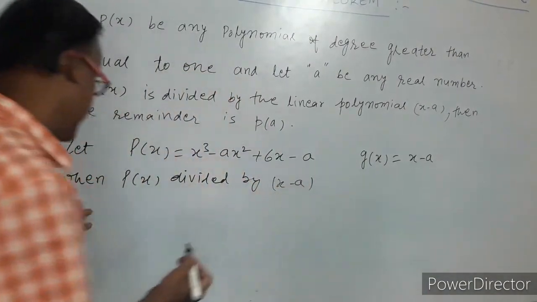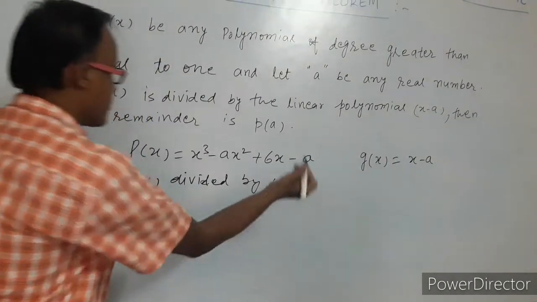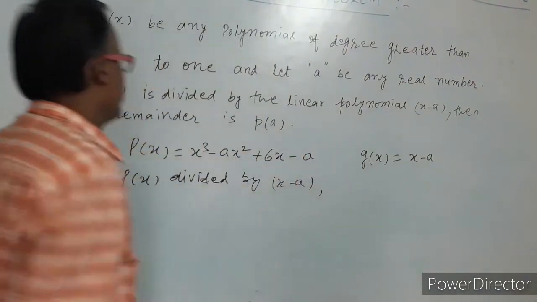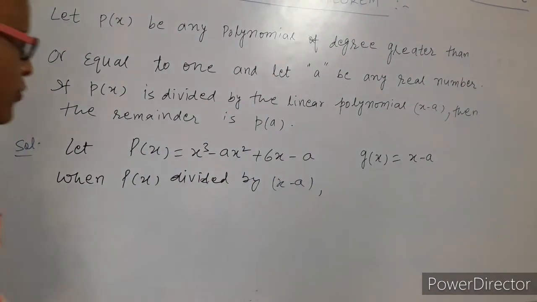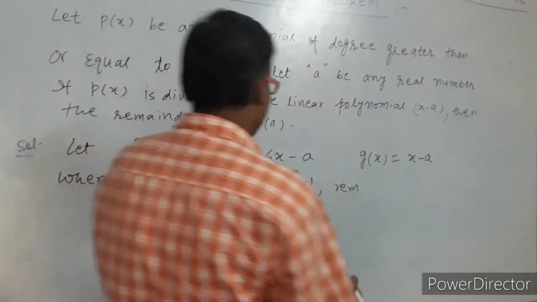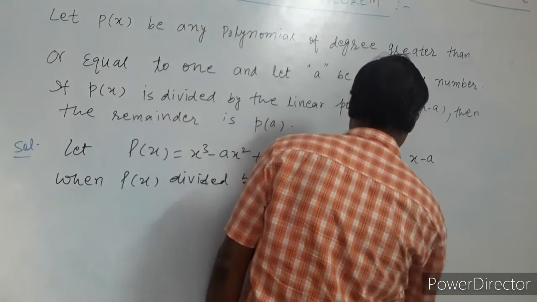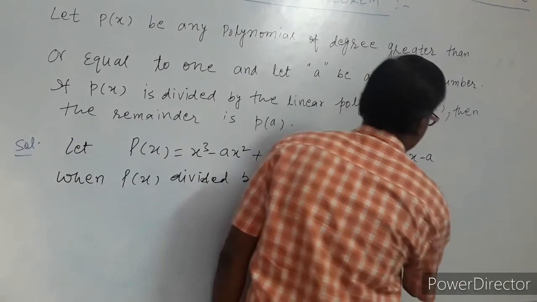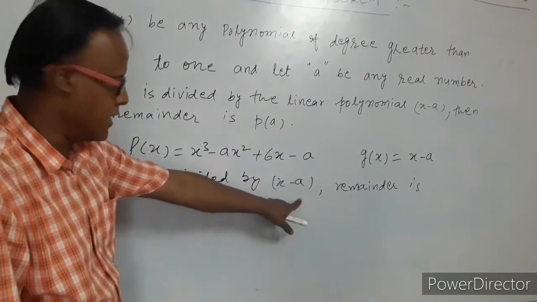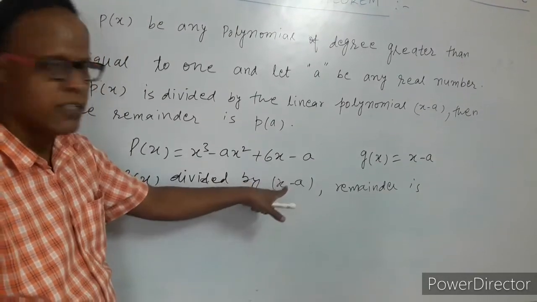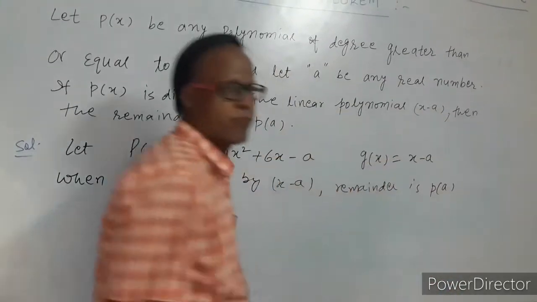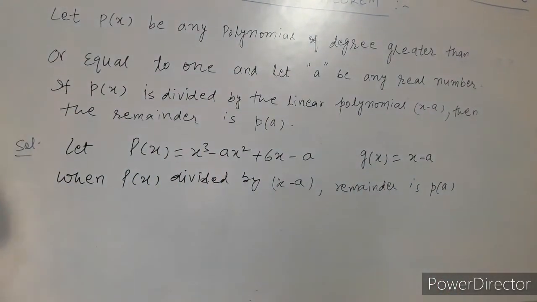When Px is divided by x minus a, the remainder is, with the above remainder theorem we can say. Apply the remainder theorem. What is the remainder according to remainder theorem? Here the zero of x minus a becomes x equal to a. So the remainder is Pa.